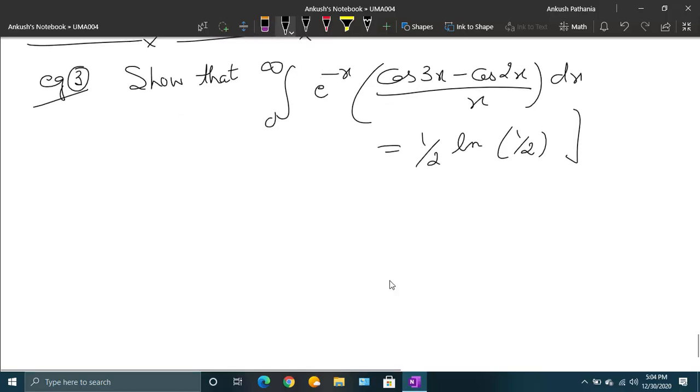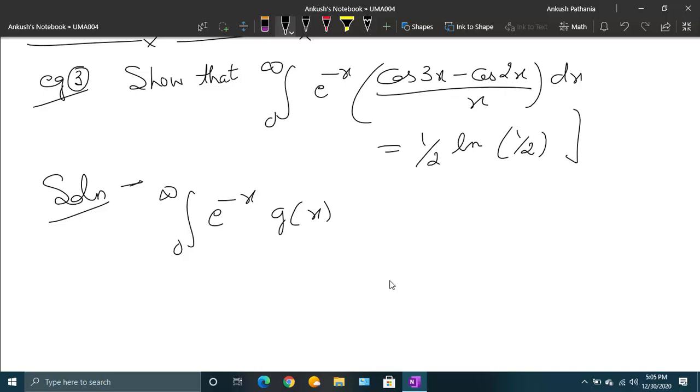Now he is not giving you first to find the Laplace. We have to determine ourselves which Laplace we need to find first.